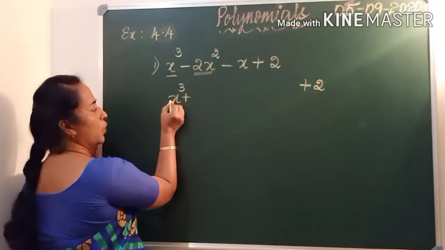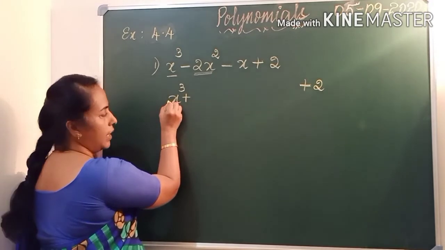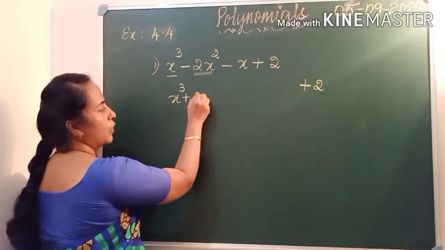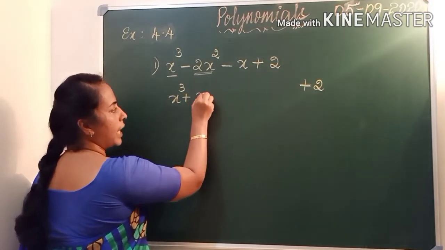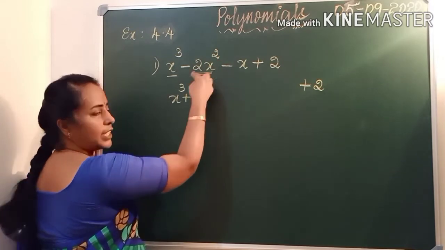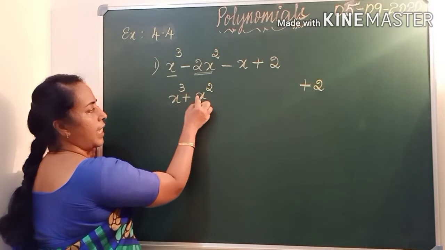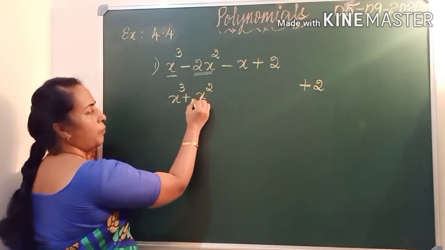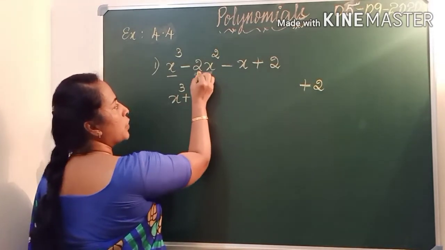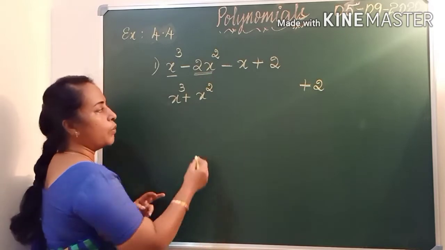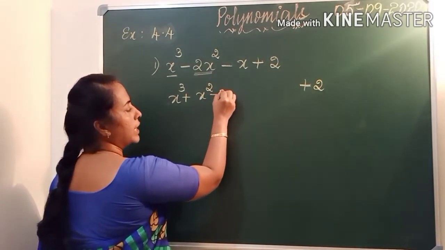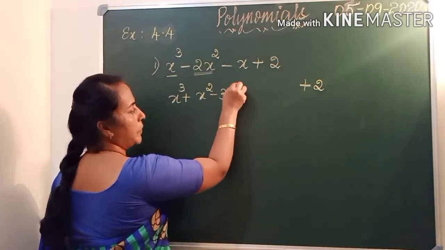For that, take a clue. Here its coefficient is 1 and sign is plus. So plus 1x square. Next term is x square. Take the coefficient and sign of this and write that term. So plus 1x square. To get minus 2x square, what must be added here? Minus 3x square.